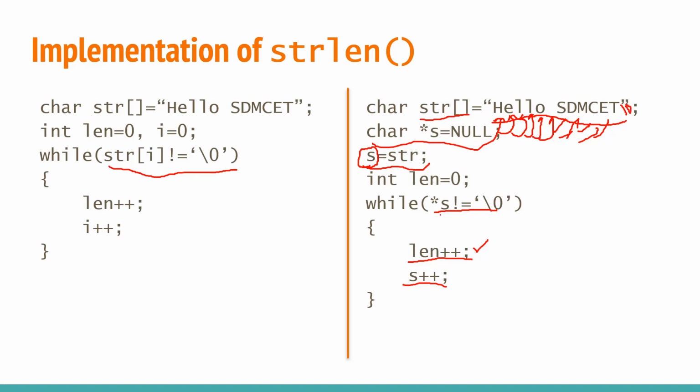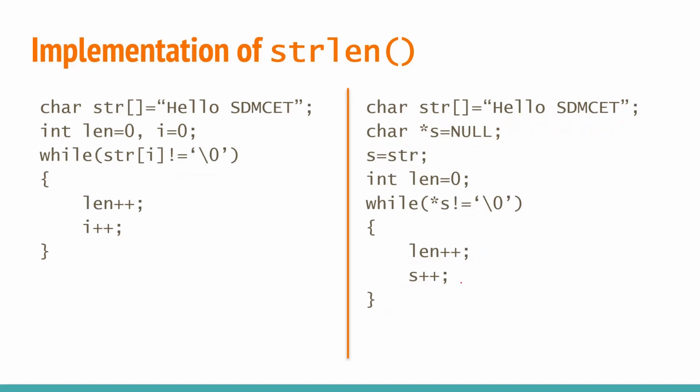When this becomes true, length would be the length of the string without the backslash 0. So after the while loop I can go ahead with printing the length. So this is very easy. Also notice, in this while loop I have not used str at all. I can manage everything just by using s, but see to it that this statement is written prior to making use of s. Also, the point to be noted here is s++ will increment and point to the next element in that array.